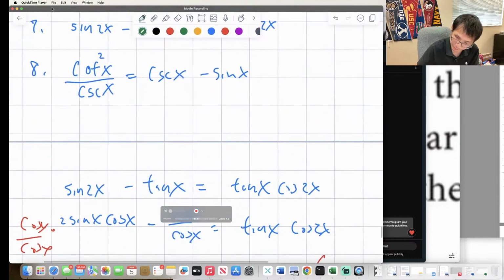Right side is gonna be cosine square of x over sine square of x, times sine of x. And that is gonna cancel one of them out. So it'll be cosine square of x over sine of x.